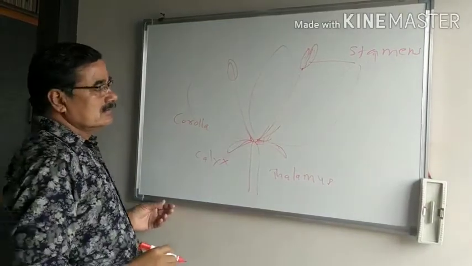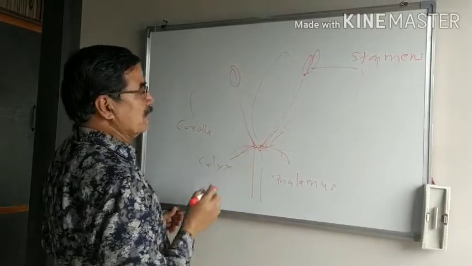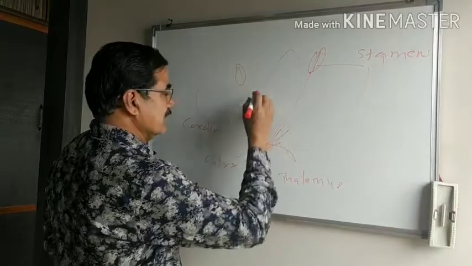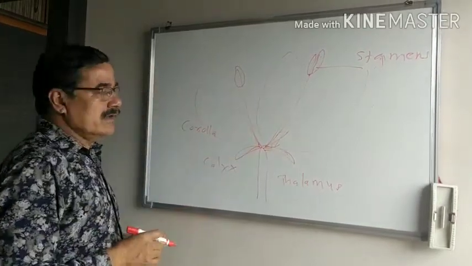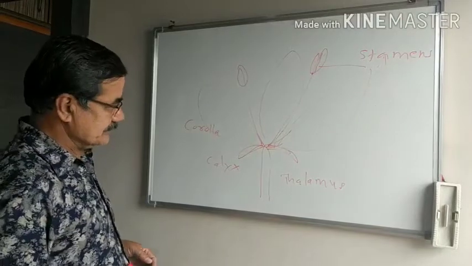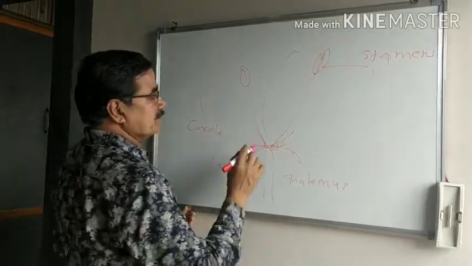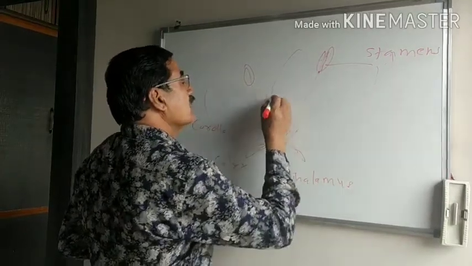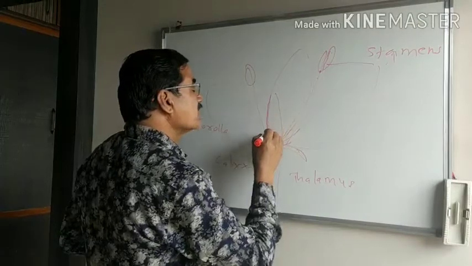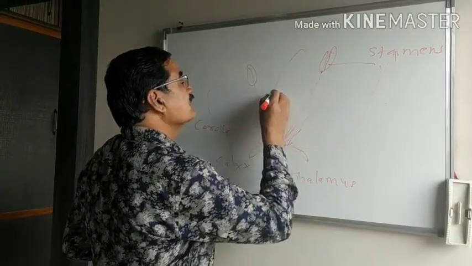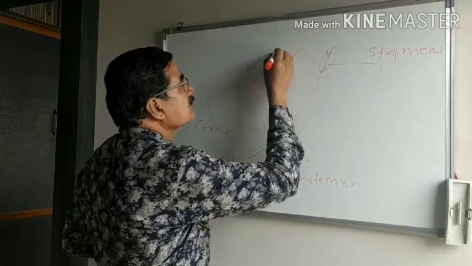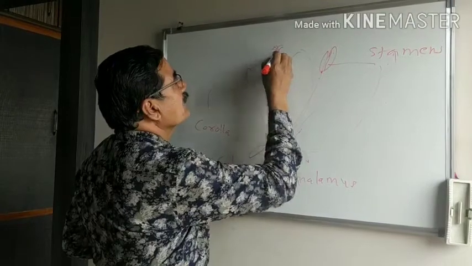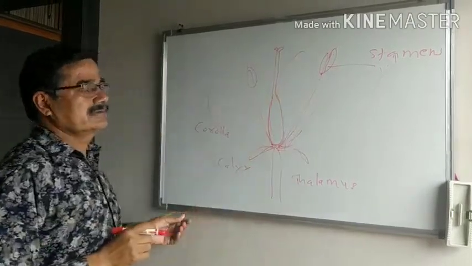The fourth and second essential whorl is situated centrally. This whorl is known as the gynoecium. Gynoecium is situated in the middle layer. It consists of a basal oval structure. It has a slender structure, and at the tip it has the bifid stigma.